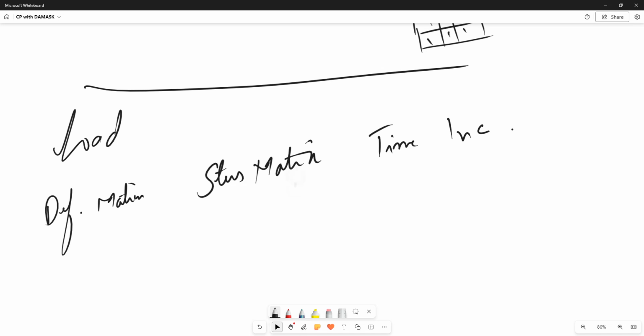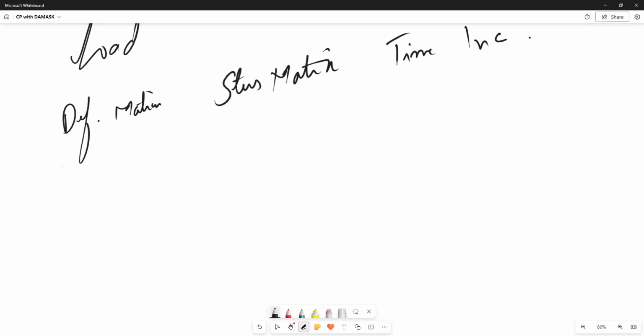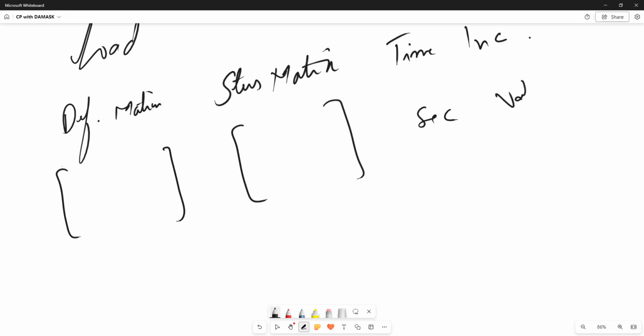So we have a 9 by 9 deformation matrix, a 9 by 9 stress matrix, a time scalar in seconds, and an increment value. We will talk about this.